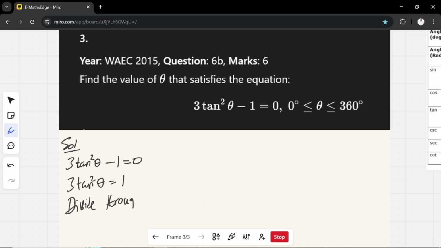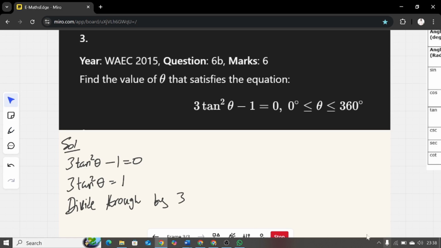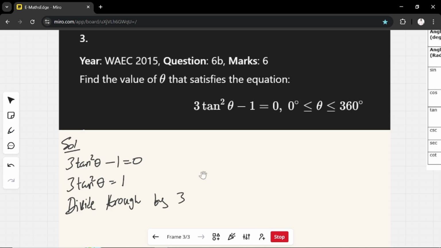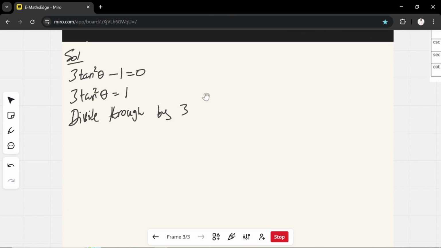divide both sides by the value 3. Remember, we are trying to make tan theta the subject of the formula here, so we use all the mathematical principles to simplify the equation as much as possible.